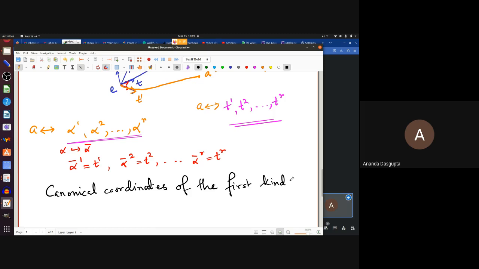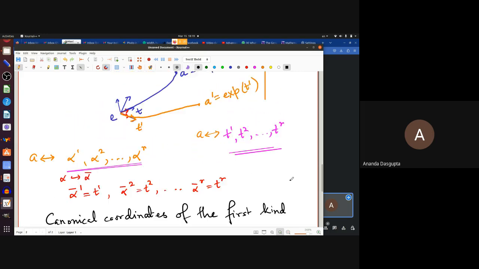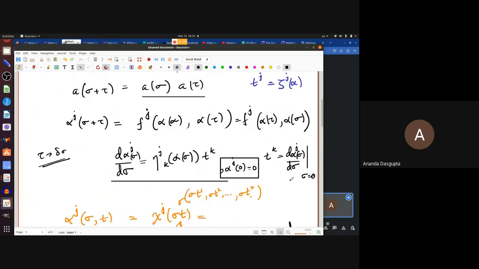Otherwise, you would not have used the word first. To us, this is going to be very important, especially because this particular equation actually becomes very, very simple in canonical coordinates of the first kind.